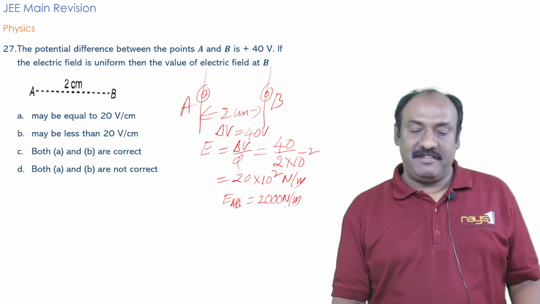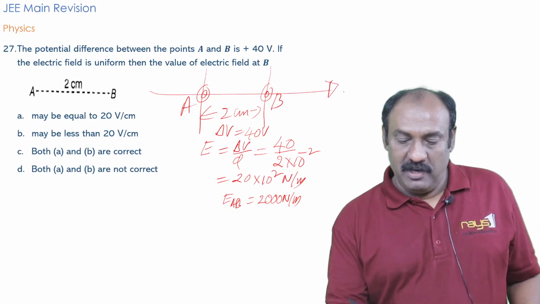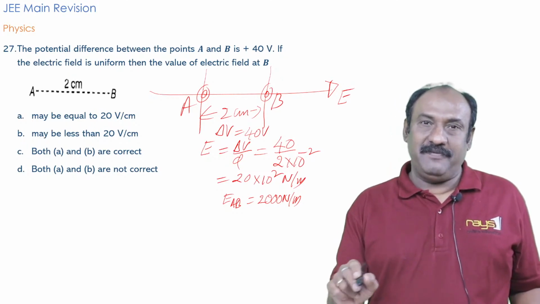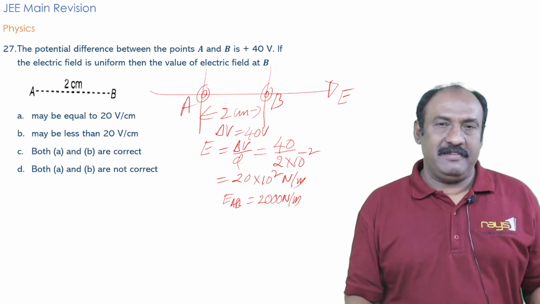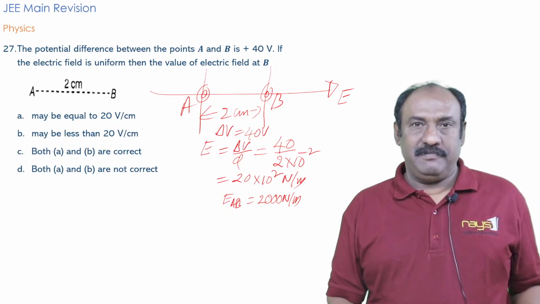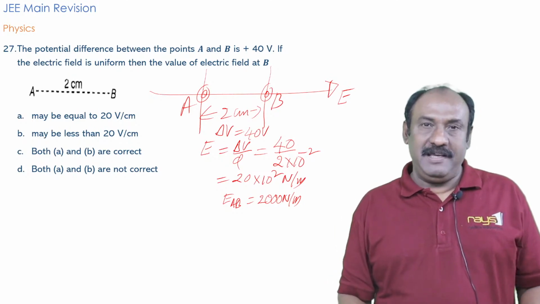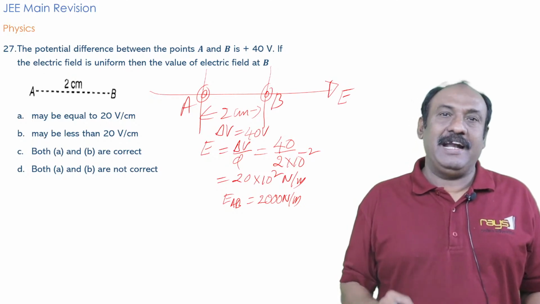If we consider these 2 points are on the line in the direction of the electric field intensity, that is the general assumption by any student. But here these 2 points need not be points on the direction of the electric field intensity.